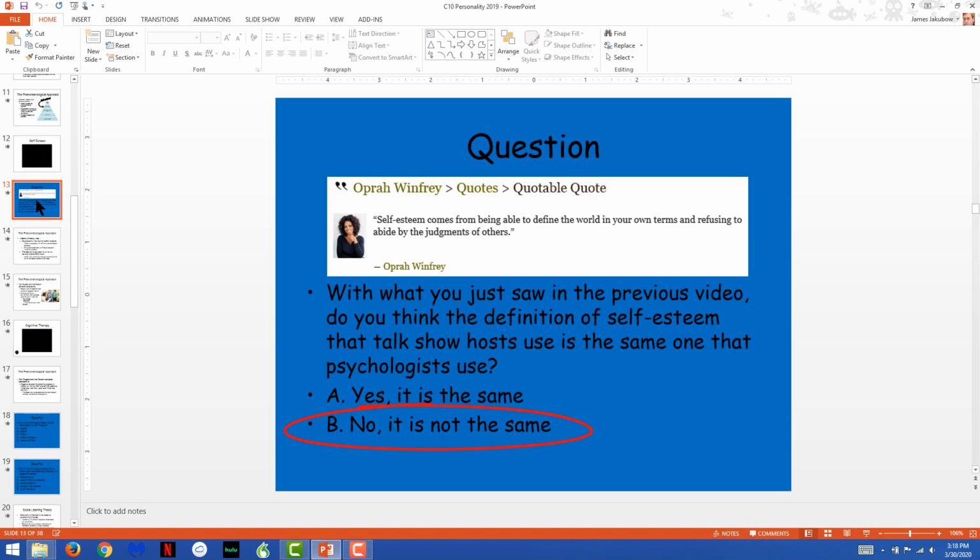There's nothing wrong with having a positive outlook on life. It's just that the concept of self-esteem that's being used on the talk shows is not the definition of self-esteem from when it was created in this 1953 article by Abraham Maslow.